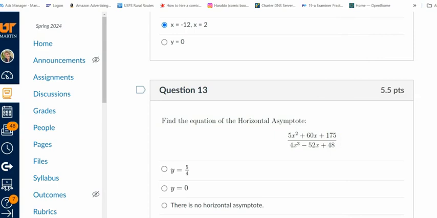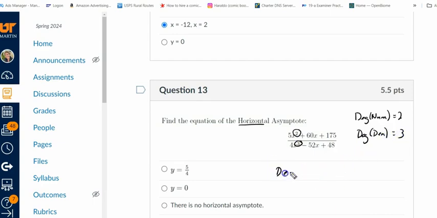Now, with the horizontal asymptote, there were three cases you had to know. So for a horizontal asymptote, what is the degree of the numerator? The degree of the numerator is 2, and the degree of the denominator is 3.